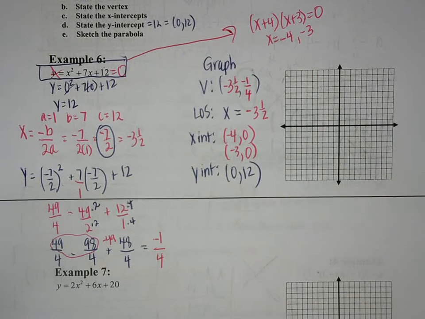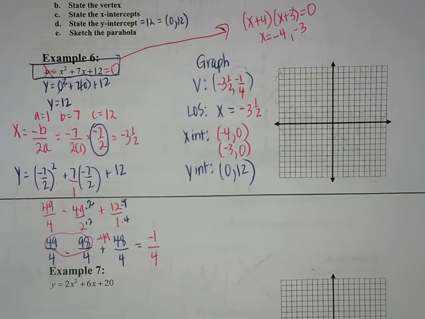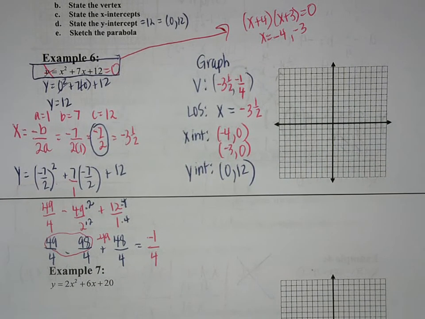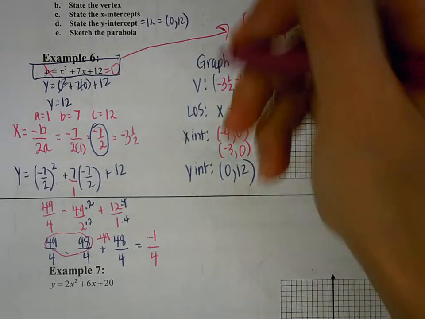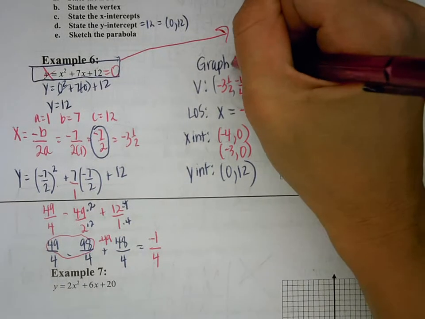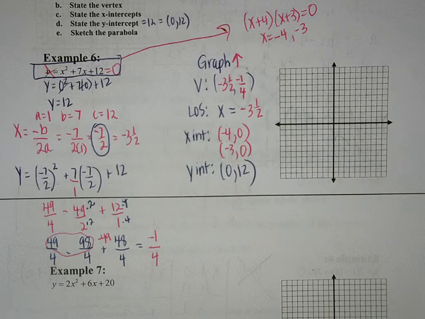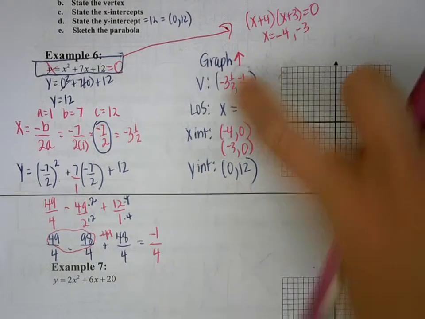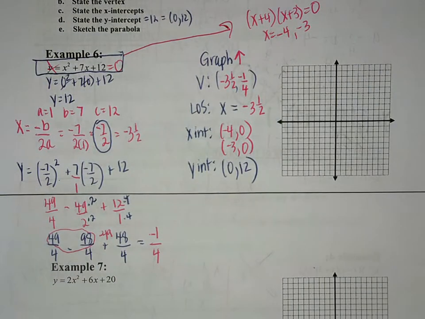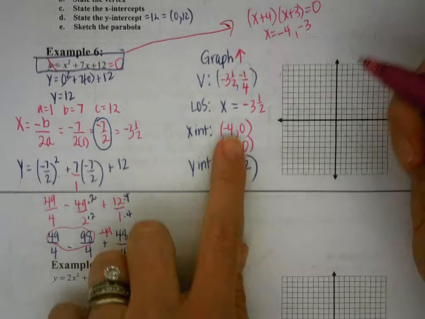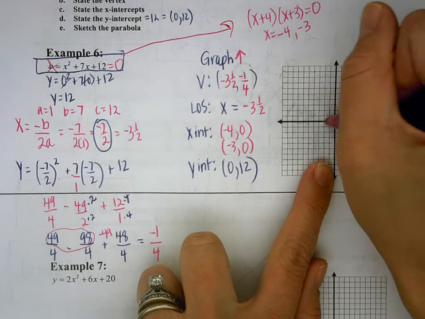So now we can graph. And which direction was it? It was up. And how do we know that it goes up? A is positive. Okay, so we have all of these. You have 1, 2, 3, 4 points to put on to make your graph more accurate. So negative 4, 0, left 1, 2, 3, 4, 0.